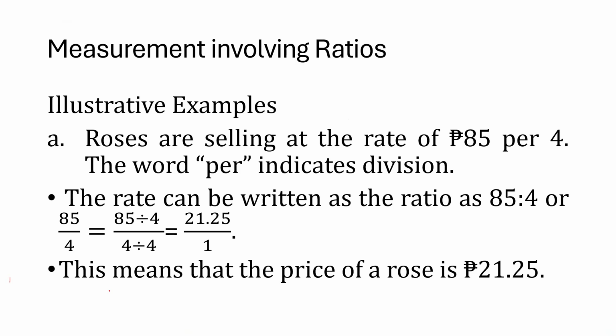So that is an example of a rate. And again, rates are allowed to use decimals, unlike ratios that are usually written in whole numbers. So try to distinguish the difference between ratio and rates for you to be able to answer correctly.